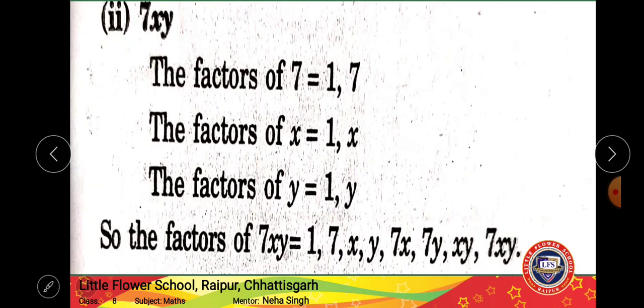7xy. Now again what will I do? I will factorize the number first, that is 7. Again 7 is a prime number, so it will be 1 and 7.